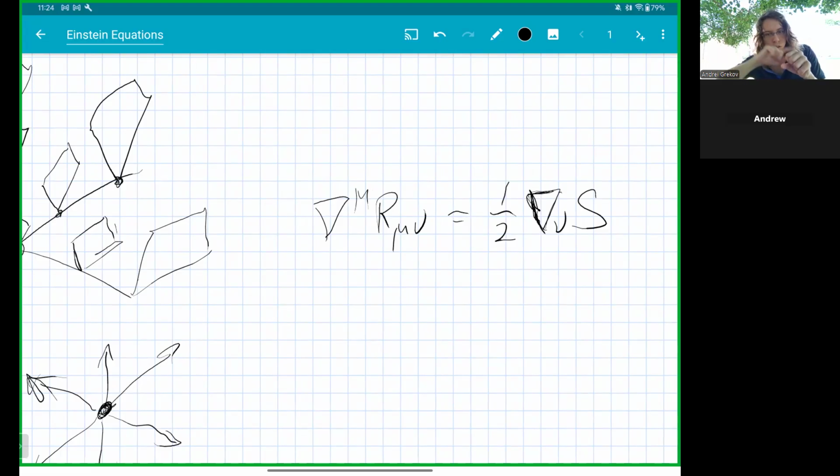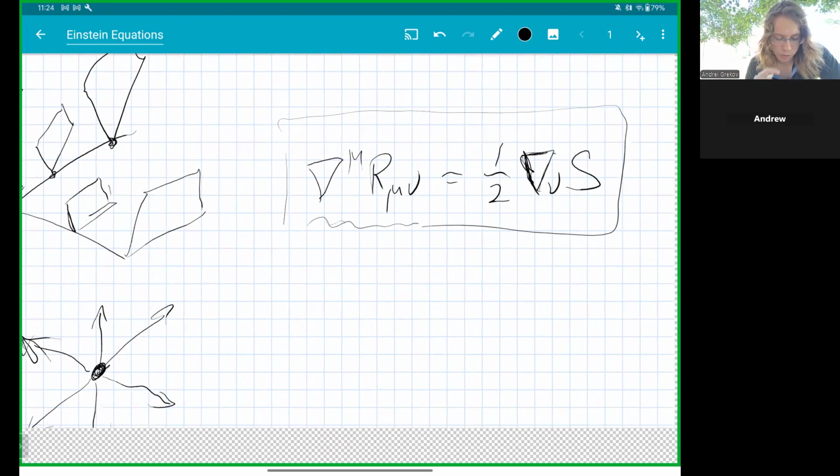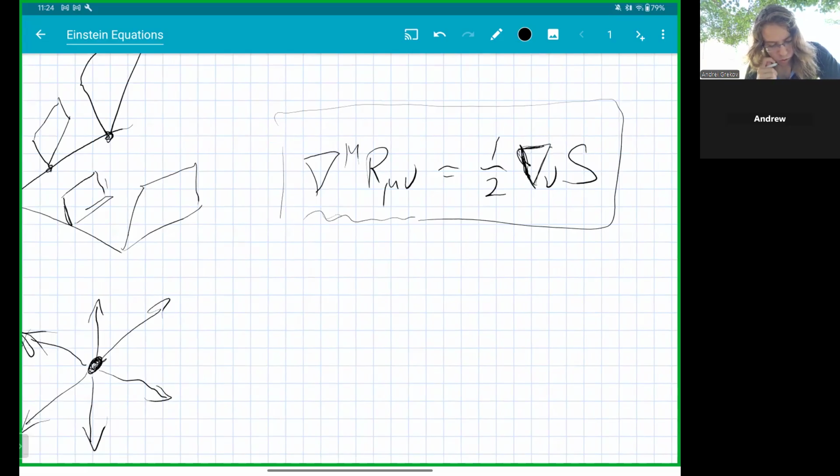We would expect the Ricci tensor to have a source proportional to the gradient of this change. Yeah, that's maybe not very intuitive. And this follows from the Bianchi identity. Rigorously, you could derive it. But I don't know how to make it more explicit or more intuitive, unfortunately.